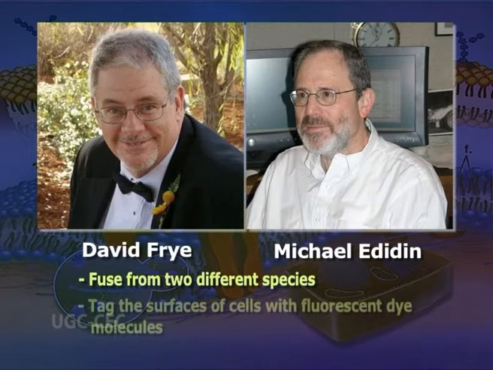These researchers took advantage of two powerful techniques, one that enabled them to fuse cells from two different species and another that made it possible for them to tag the surfaces of cells with fluorescent dye molecules.